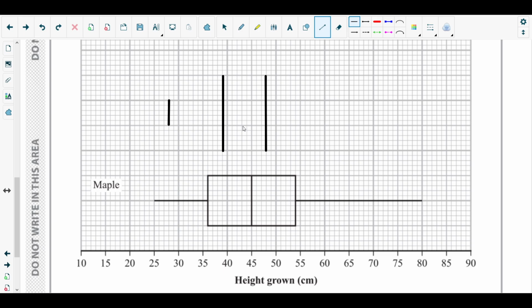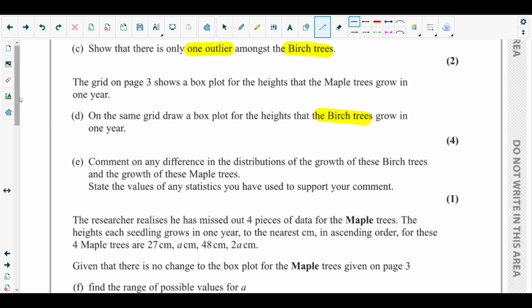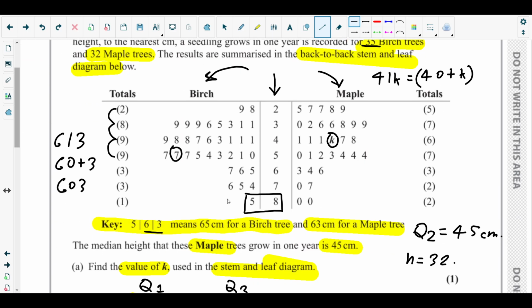At last, the upper quartile. It was 57. Where does 57 go? 57 is here. This is the upper quartile. Now the upper range. Is this 85?